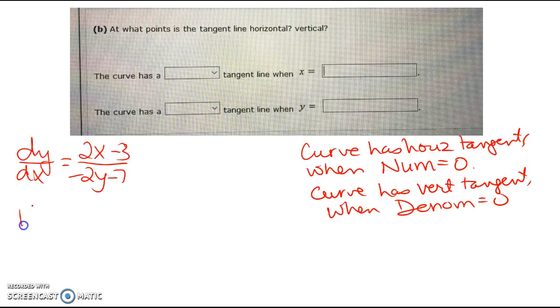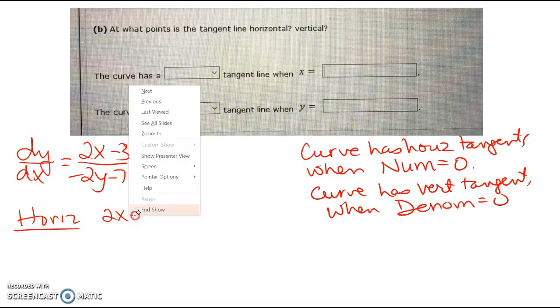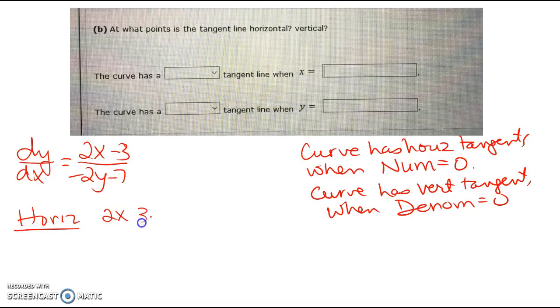So for the horizontal, we'll take the numerator, 2x minus 3 is 0. Okay, we're going to add 3, 2x equals 3. So the curve will have a horizontal tangent line when x equals 3 over 2.